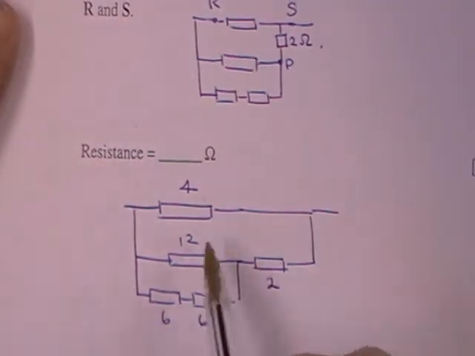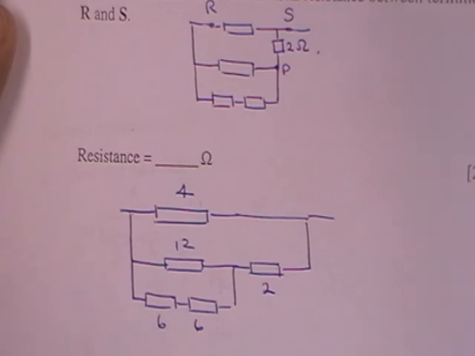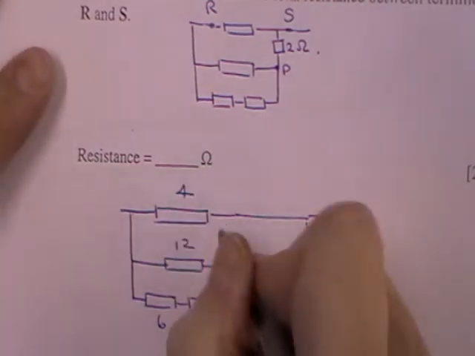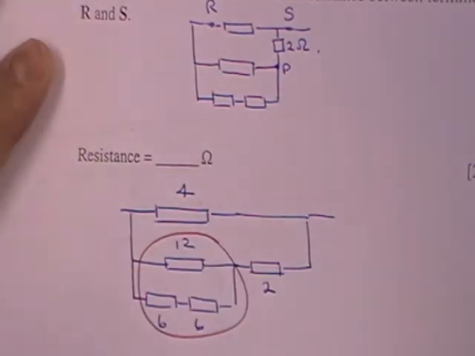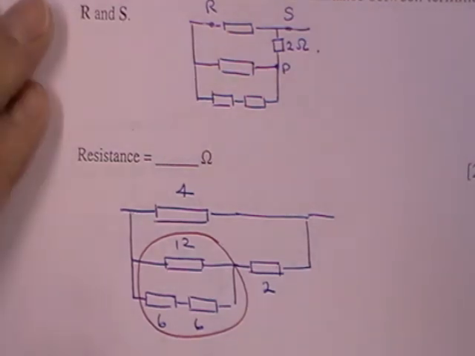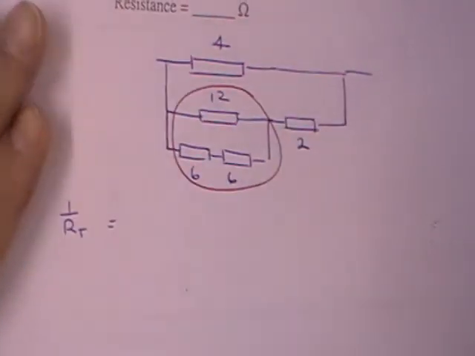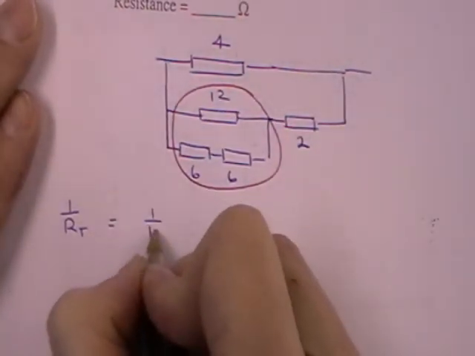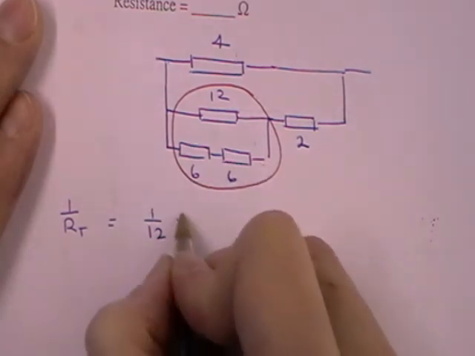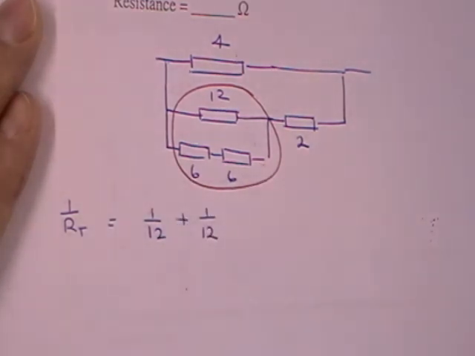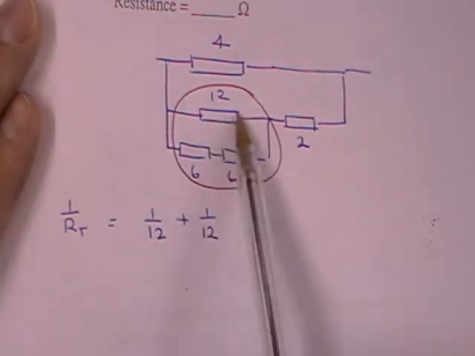So now I'm going to do my calculations, and I'm going to do the wee parallel bit first on its own. So this wee bit here gives me a total resistance of 1 over 12 is this line, and this line's 1 over 12. And without doing any calculations, I know my answer's half of 12 there.